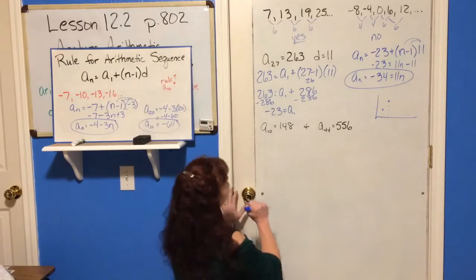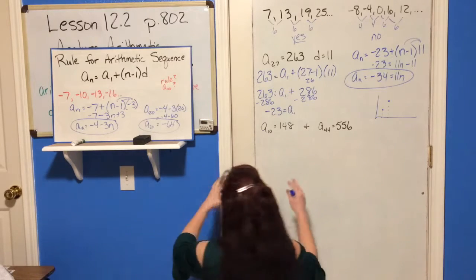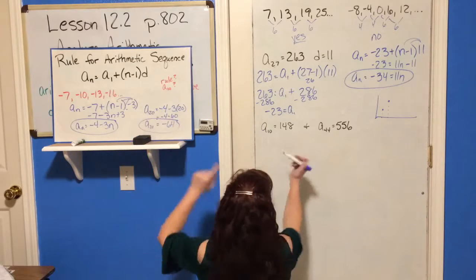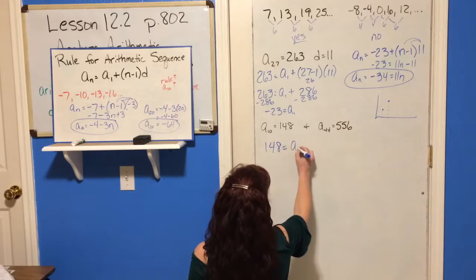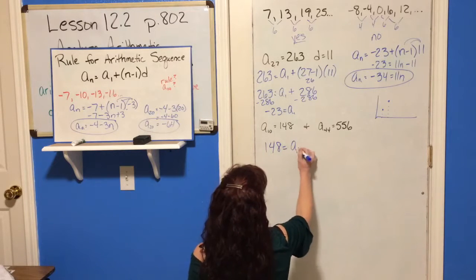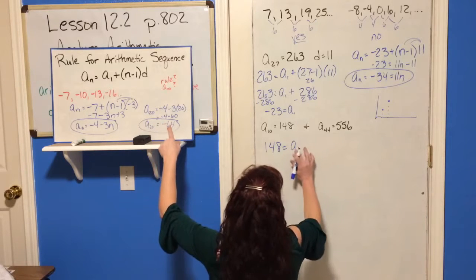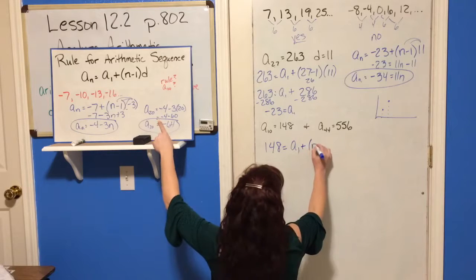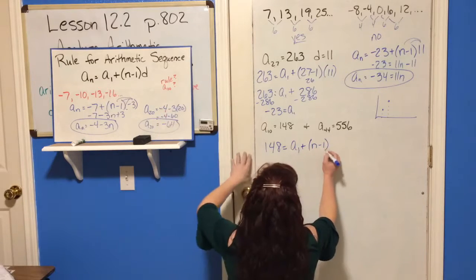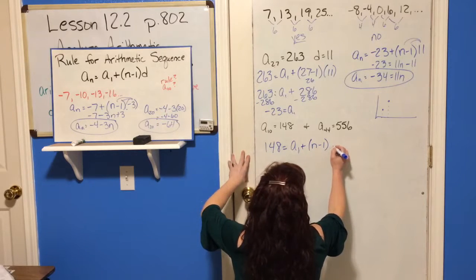Okay, so what you're going to do is come up with the first equation: 148 equals, we don't know this one, that's A1, that's what we want to know, plus, we don't know n, minus 1, and we don't know, oh, wait a minute.